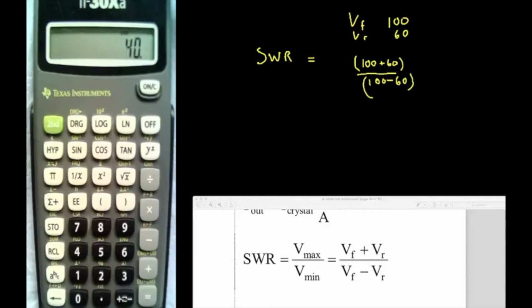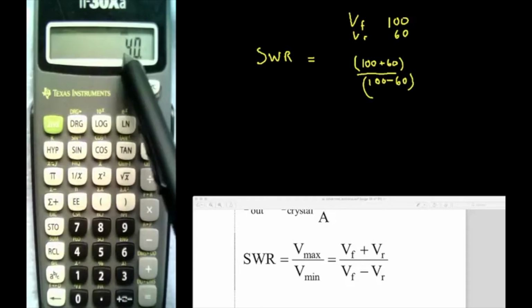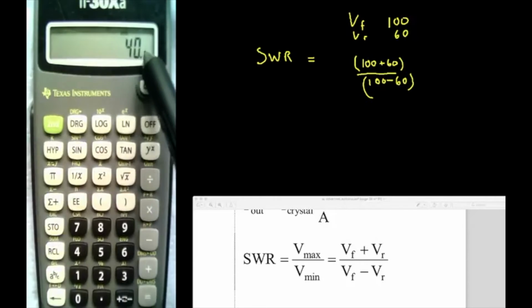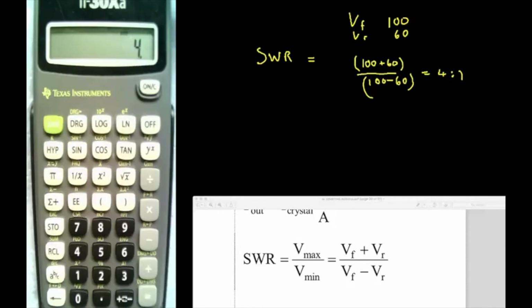And when I close the bracket, it's evaluated 100 minus 60 to being 40. So then I must press the equal sign to complete it. So the SWR is 4, or 4 to 1, which isn't terribly good. Maybe okay, depends. So that's an example, the SWR one, where you would perhaps use some brackets.